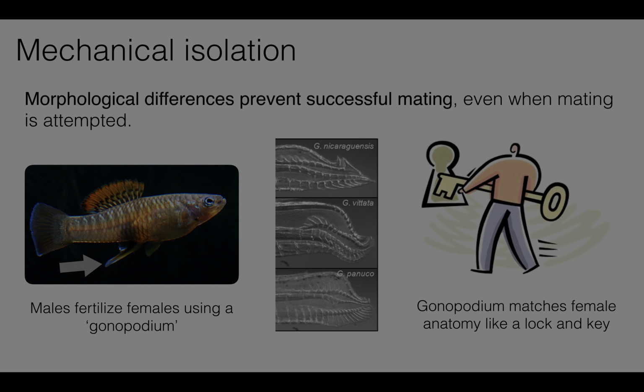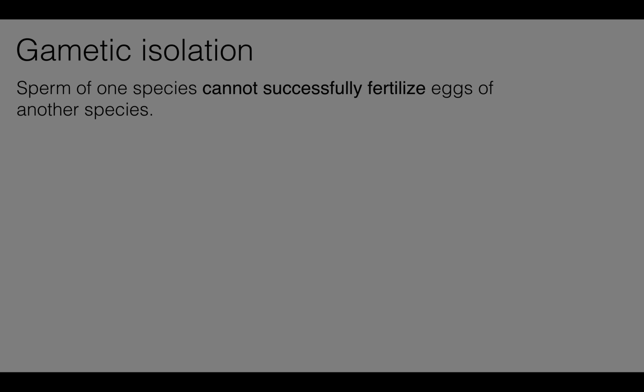In this case, with these species, males fertilize females using the gonopodium, that modified anal fin, and the tips of these anal fins are really varied in these different species. So it's kind of like a lock and key scenario where the gonopodium matches the anatomy of the female. So if you're a different species and you try to mate, things might not work out.